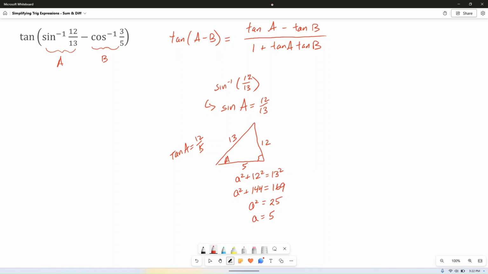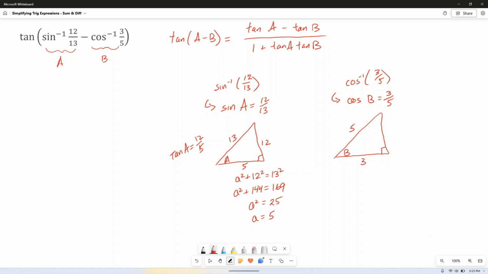Well, what about B? The inverse cosine of 3/5 means that the cosine of angle B has to be 3/5. Cosine is the adjacent over the hypotenuse. So again, I could draw another right triangle with acute angle B. The adjacent side has length 3. The hypotenuse has length 5.